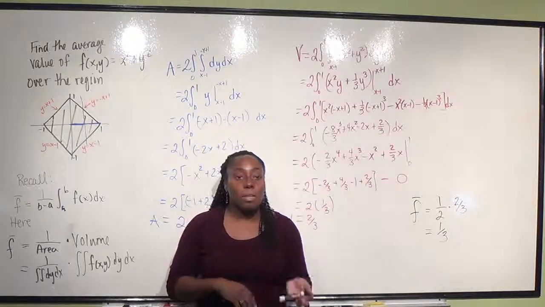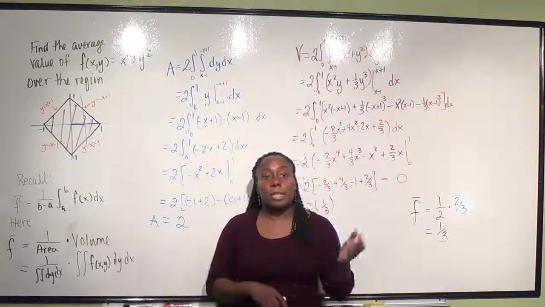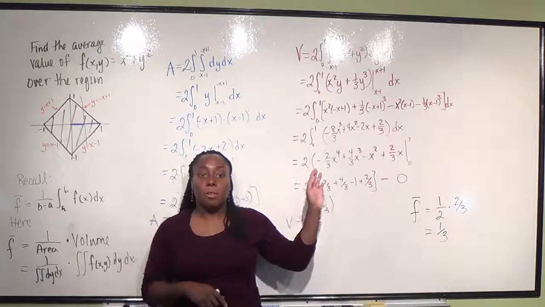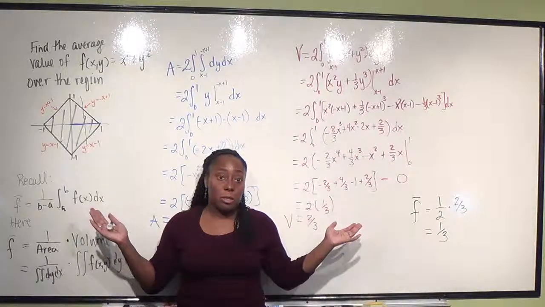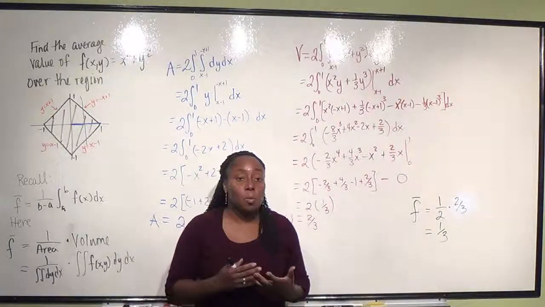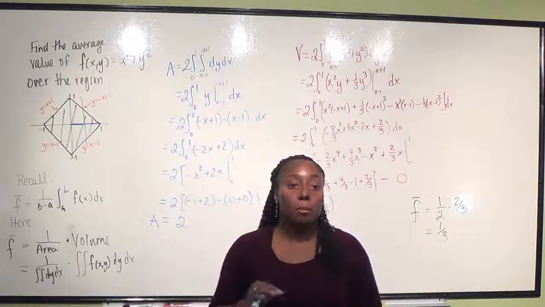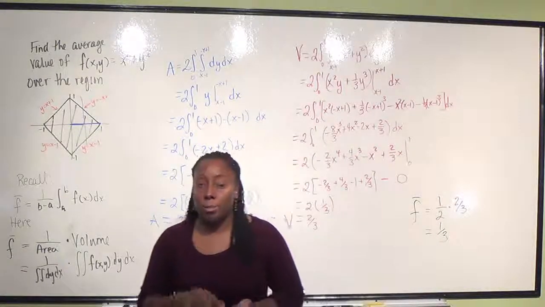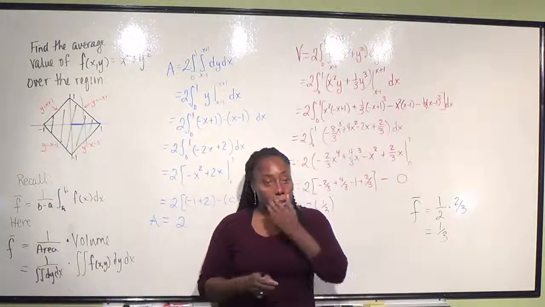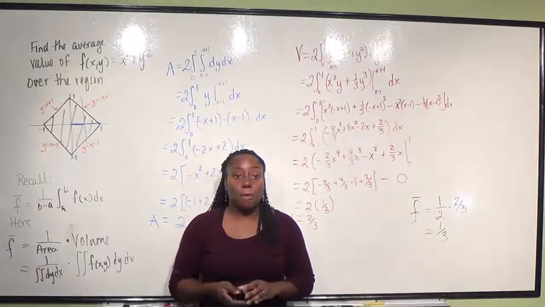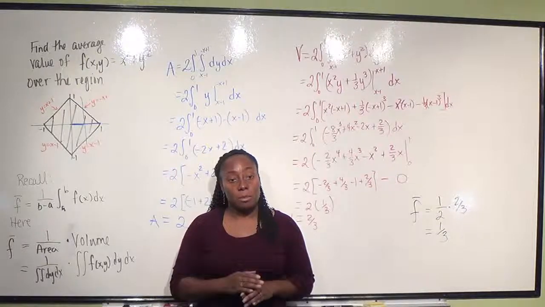Okay. On an exam, you are likely going to see one problem that involves all of what we just did here. So there's going to be at least one average value problem where you're going to have to set it up, be able to find the area and the volume, and be able to calculate it. There are going to be some that are just going to relate some of the concepts we've talked about.